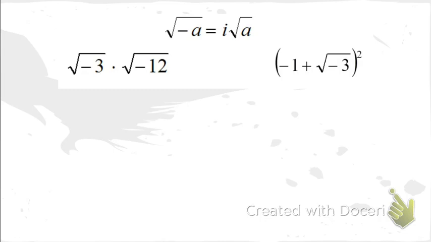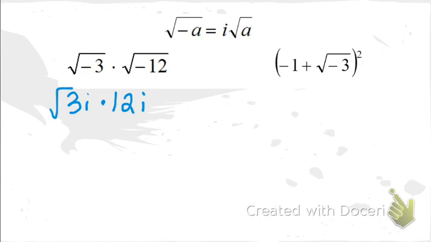If you just multiply the negatives, then you won't have a negative in your final answer. So in this case, root negative 3 times root negative 12, we don't just want to multiply negative 3 times negative 12 and get 36 and then get the square root of that and get 6, because then we get a positive answer. What we have to do is convert these to i first.